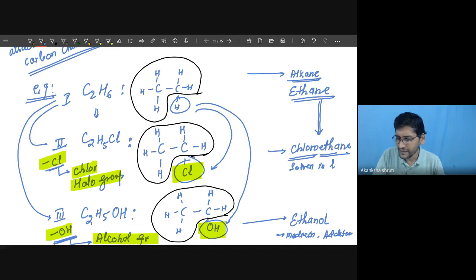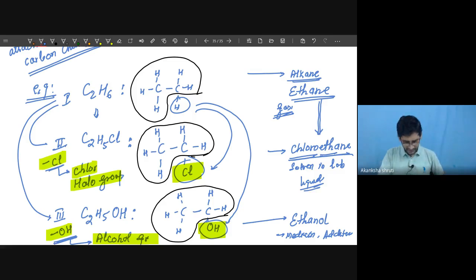It is basically a non-polar solvent. This ethane is a gas, like methane, ethane, propane that we know in our LPG. These are some of the constituents. So this is the gas. But if you consider this chloroethane, it turns into a liquid. How does the gas turn into a liquid?